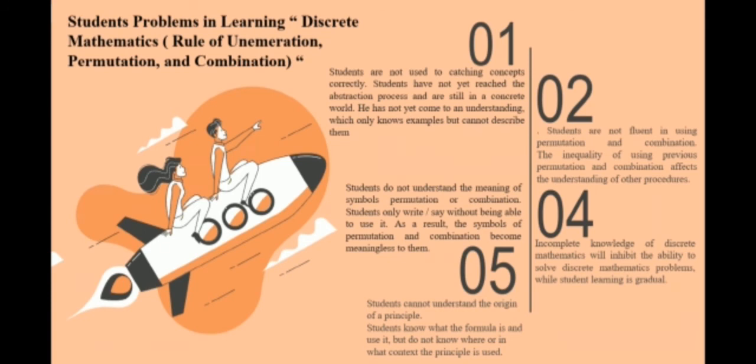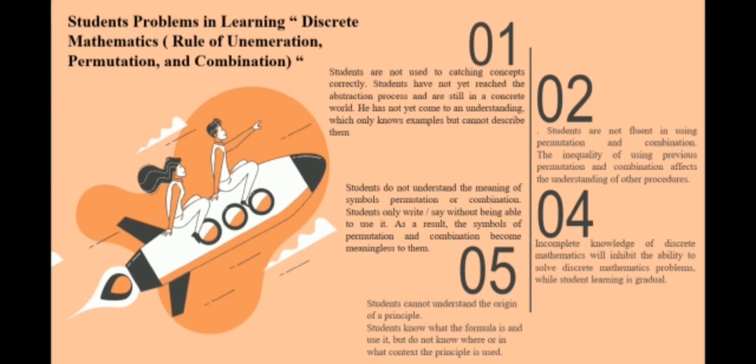3. Students do not understand the meaning of the symbols of permutation or combination. Students only write or say them without being able to use them. As a result, the symbols of permutation and combination become meaningless to them. 4.